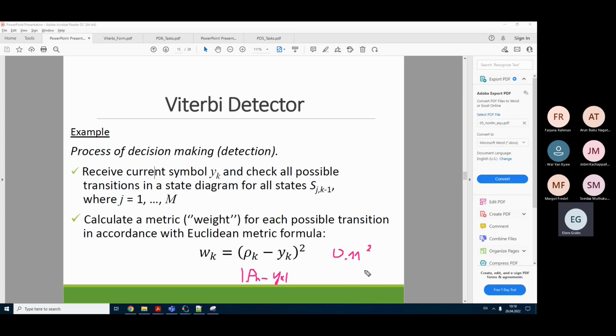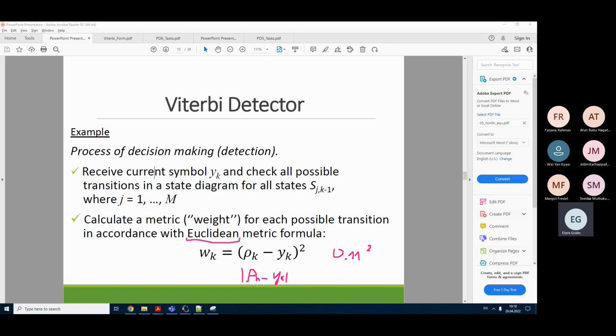If we need to calculate the square, this is going to be more compute intensive than simply calculating the absolute value. So the metrics can be different, but we are going to use the most often used one, which is called the Euclidean metric between the received symbol and what the symbol could be.